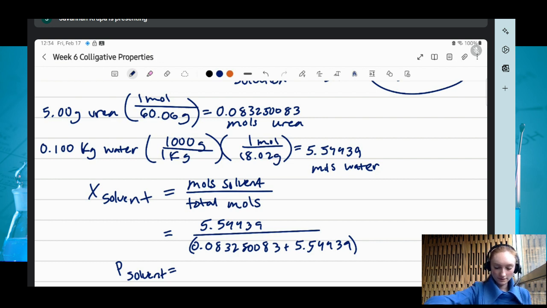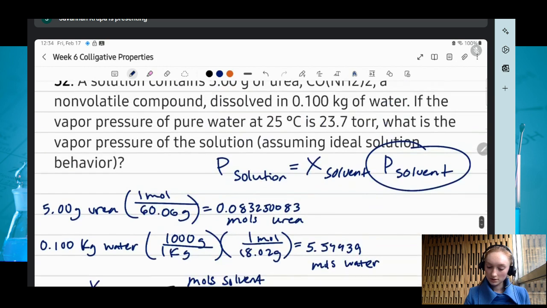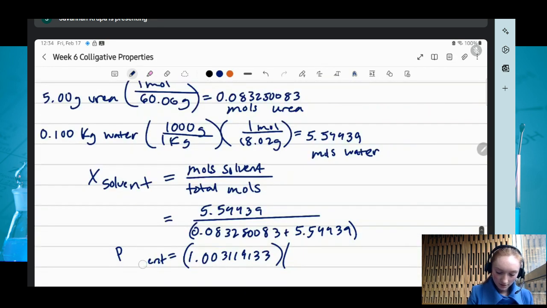So that'll give us a value of 1.003119133. And since we have the X solvent, we need to multiply by the pressure of the solvent as well. Oh, sorry, we're finding the solution here.